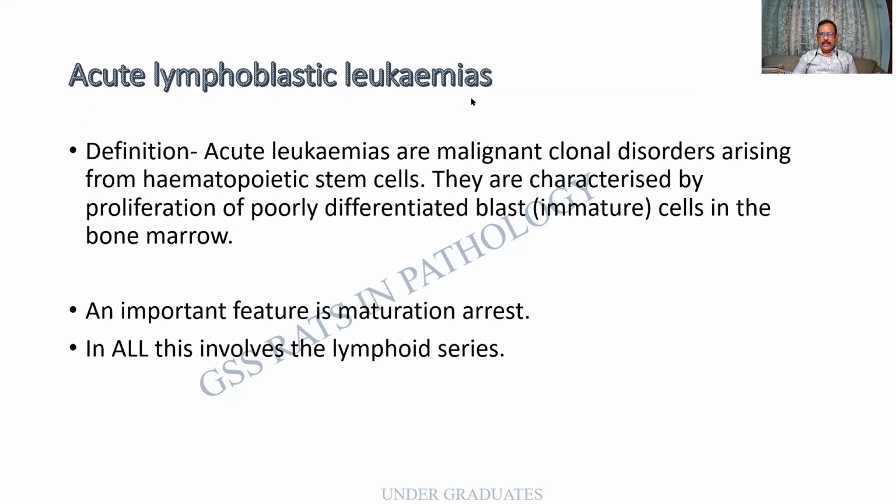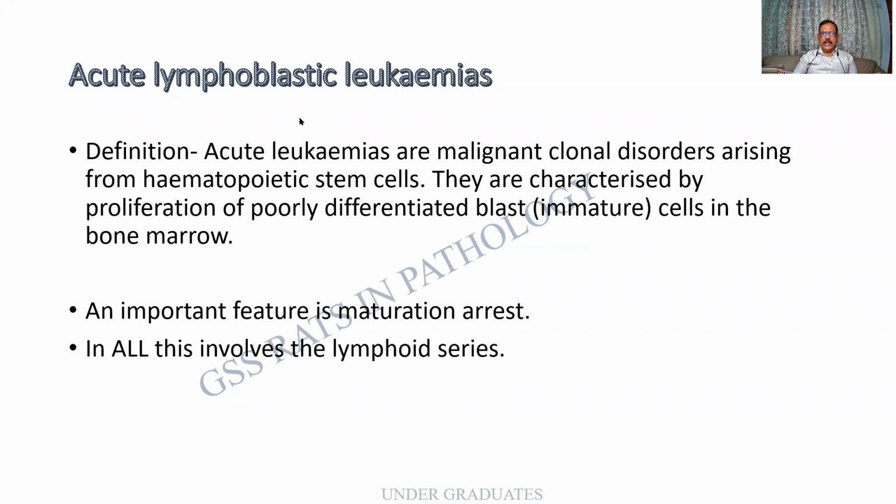Acute lymphoblastic leukemias. Definition per se is common to the acute leukemias, which are malignant clonal disorders arising from the hematopoietic stem cells. They are characterized by proliferation of the poorly differentiated blast cells, which are the immature, or rather the most immature form, in the bone marrow.